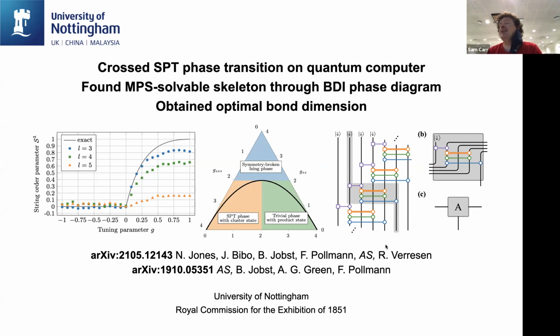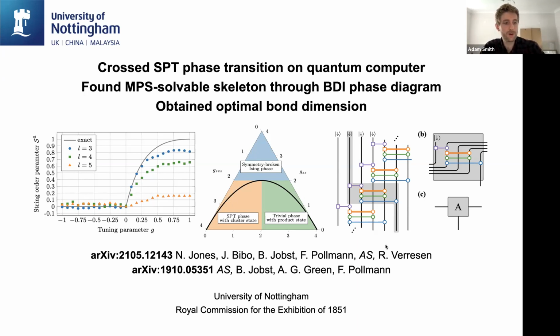Whereas what you're talking about, you seem to already need to know the ground state in order to put it into the quantum computer. So could you perhaps explain briefly why doing this at all is useful? If you can already analytically write down the ground state, why do you need to simulate it on a quantum computer? Yeah, that's a very good question.